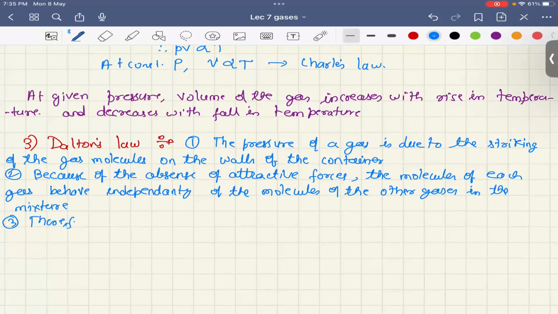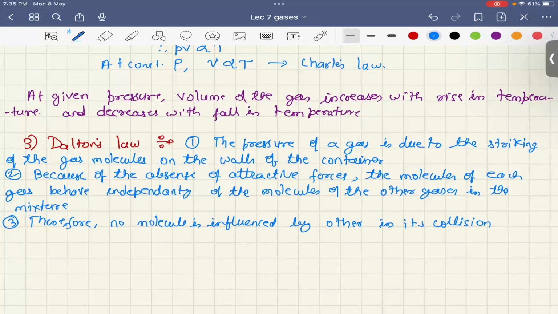Therefore, no molecule is influenced by others in its collision with the walls of the container, right?